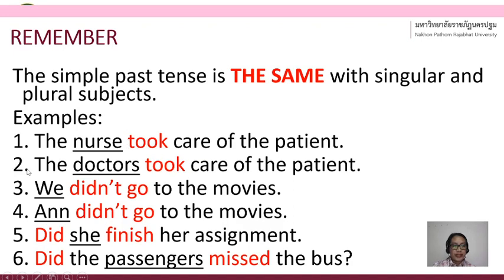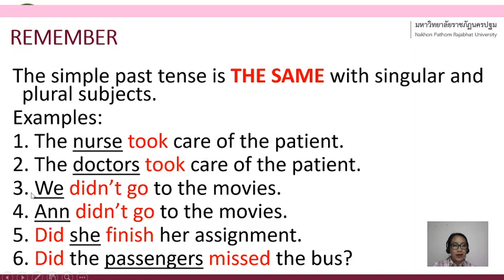Next, number 2 example: The doctors took care of the patient. The doctors with S means plural form of the subject, and took is the past irregular form of the verb.